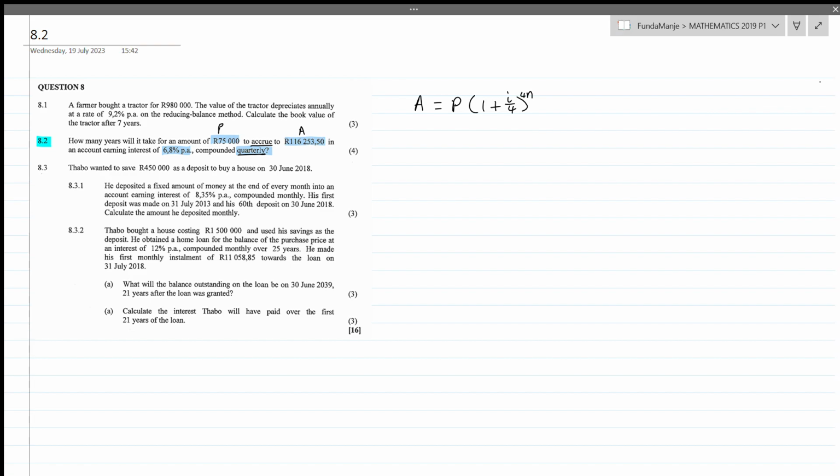Then our first step to making n the subject of the formula would be to divide by P on both sides. Doing this would have A over P is equal to (1 plus i over 4) to the power of 4n. Then what we'd like to do here is make n the subject of the formula.